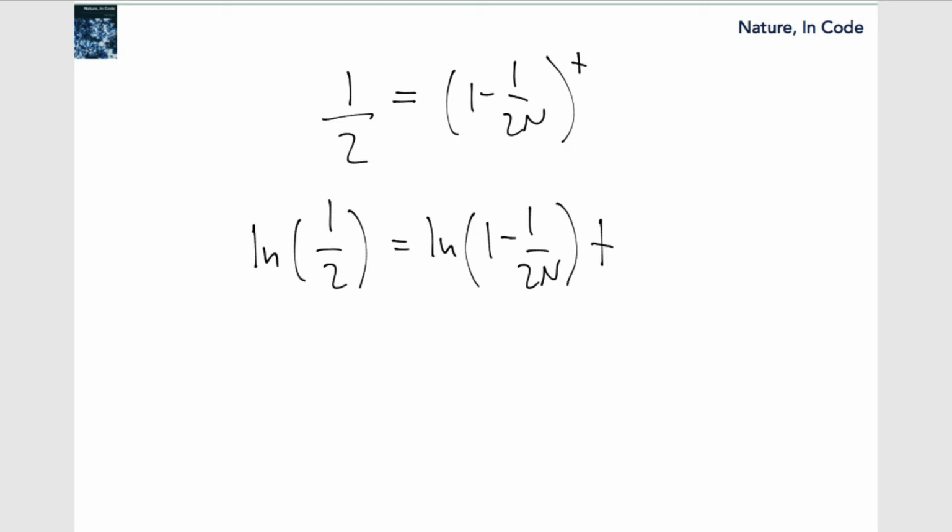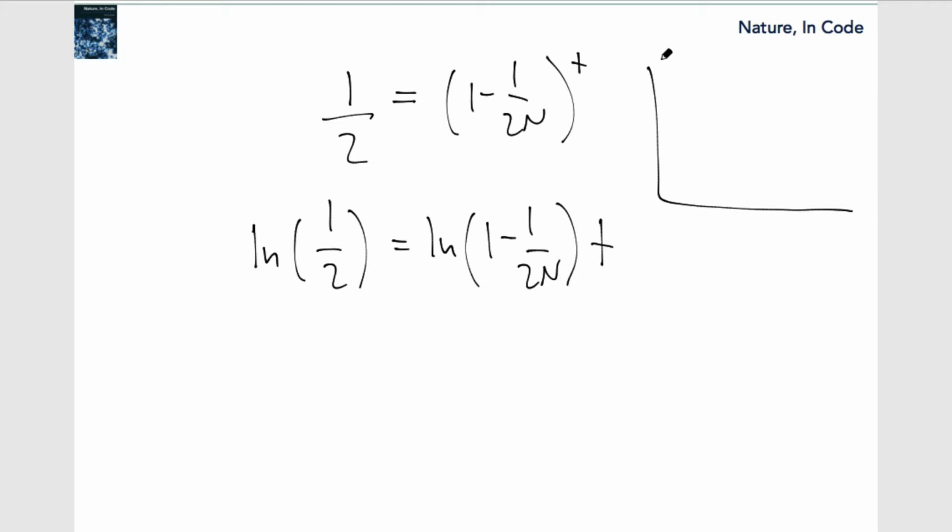However, we can go a little further if we're willing to make some simplifying approximations. And one approximation that's really helpful here is the following. I'm going to write this here.